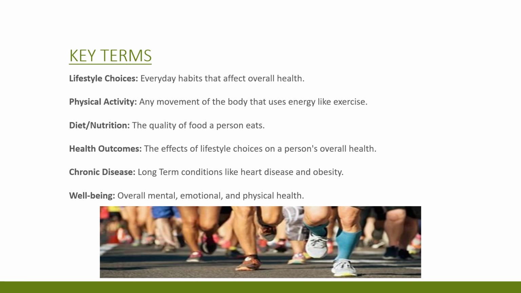Diet and nutrition, this is the quality of food a person eats. Health outcomes, these are the effects of lifestyle choices on a person's overall health. Chronic disease, chronic diseases are long-term conditions, most commonly heart disease and obesity. And then well-being. This is overall mental, emotional, and physical health.